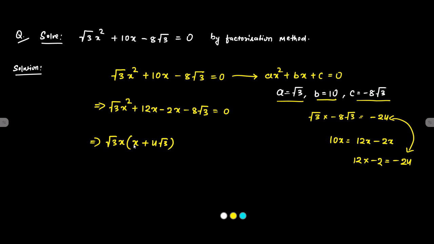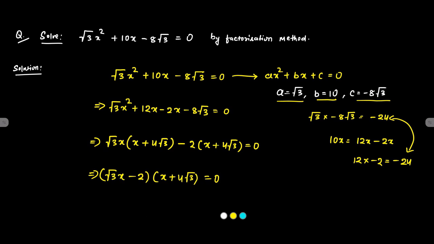Let's check: root 3 x square, yes; root 3 into 4 root 3, that is 12x, yes; minus 2 into x plus 4 root 3 is equal to 0. Yes, minus 2x, and minus 2 into 4 root 3, that is minus 8 root 3, yes. That implies root 3x minus 2 into x plus 4 root 3 is equal to 0.